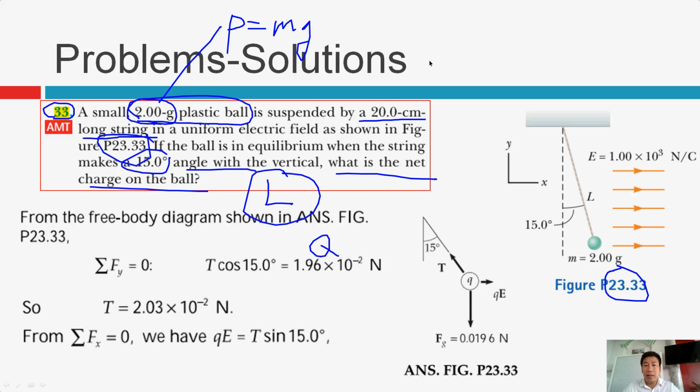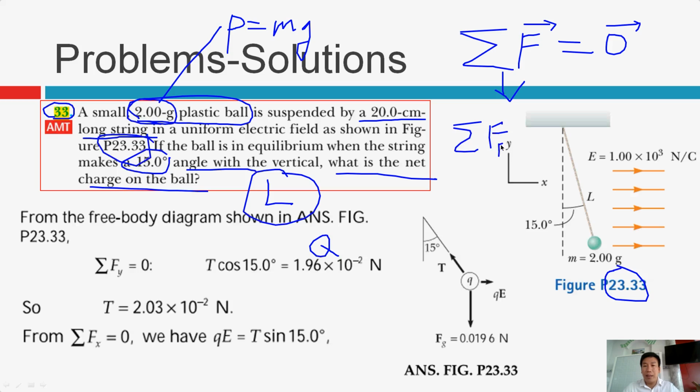Okay. To solve this problem, you need to pay attention that the total force needs to equal 0. It means that total F in the y direction equals 0 and total F in the x direction equals 0.